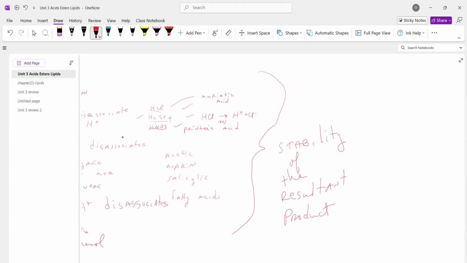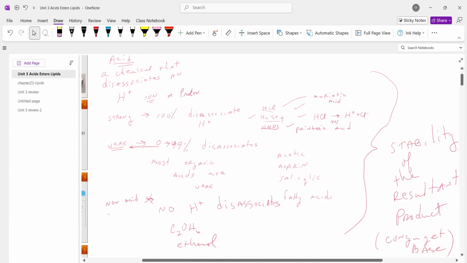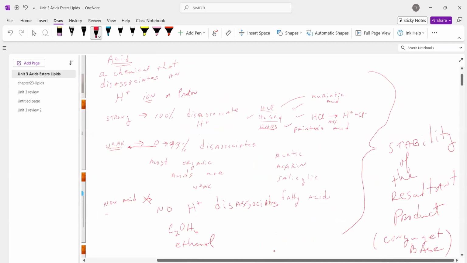Now, the fancy name for that is conjugate base. And don't worry about knowing conjugate base. Just know that the stability of the product after the H plus leaves determines how strong the acid is. So in terms of a strong acid, the HCl, SO4, NO3 are very stable. And these are in an aqueous environment as well.